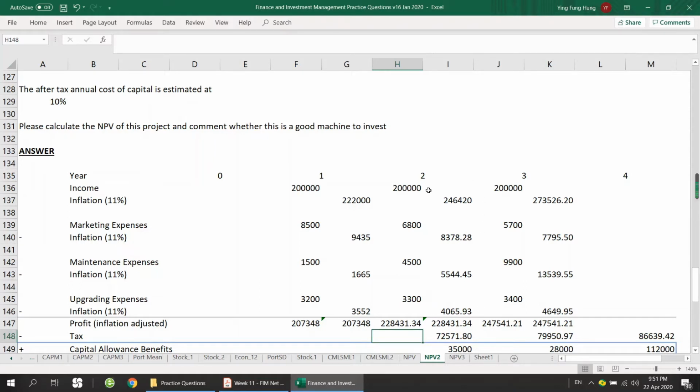Another thing that we can do is take the numbers that we get from the inflation adjusted income and expenses and simply do the income minus the expenses. So for the inflation adjusted income of 246.42 thousand minus this marketing expenses of 8.378 thousand minus the inflation adjusted maintenance expenses in the second year of 5.5445 thousand, and then minus the inflation adjusted upgrading expenses in the second year, which is 4.06593 thousand, and then put this in the calculator.